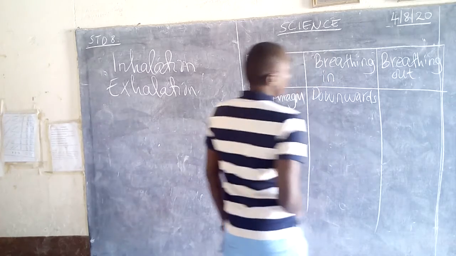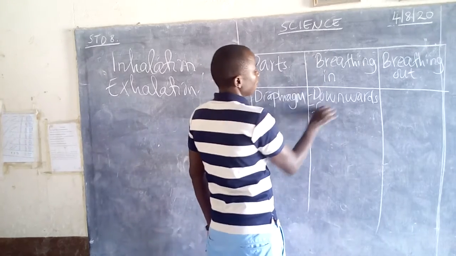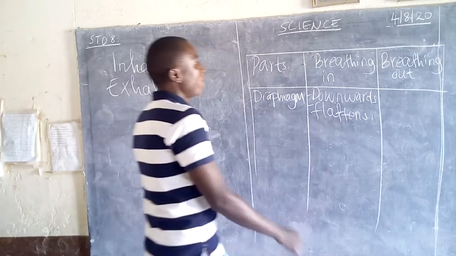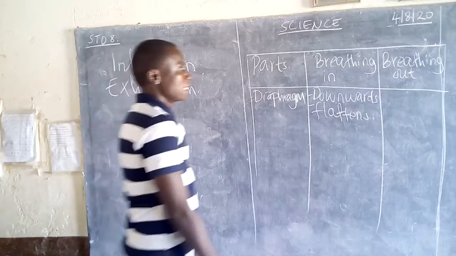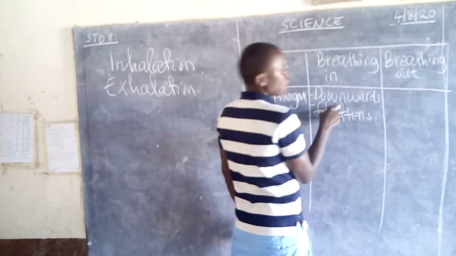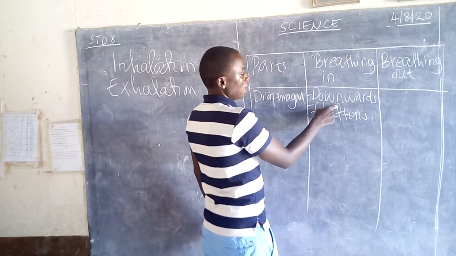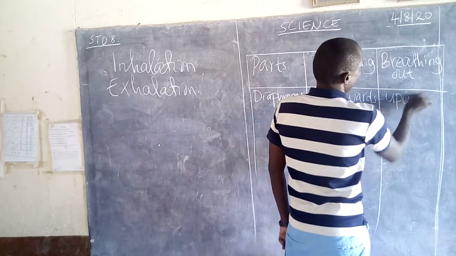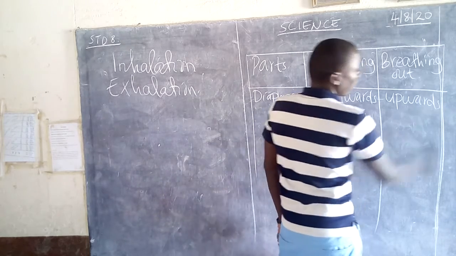And if it moves downward, then what happens? It flattens. When I'm breathing out, it's the reverse of this. Here, it moves downwards; there, it moves upwards, or it curves upward.